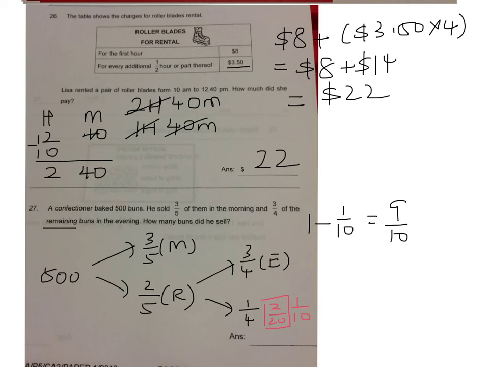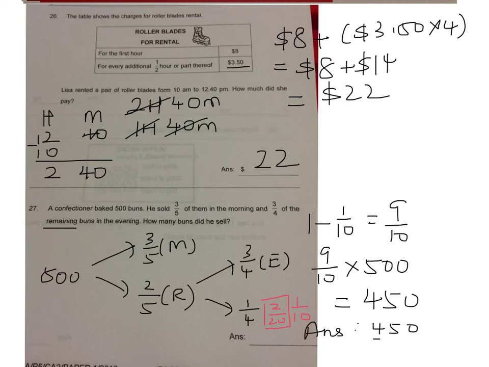So how many buns did he sell? 9/10 times 500 equals to 450. So the answer for question 27 is 450.